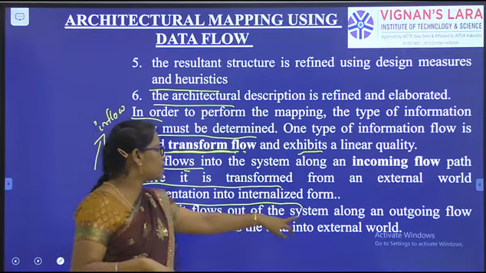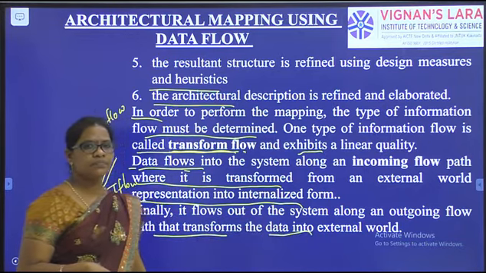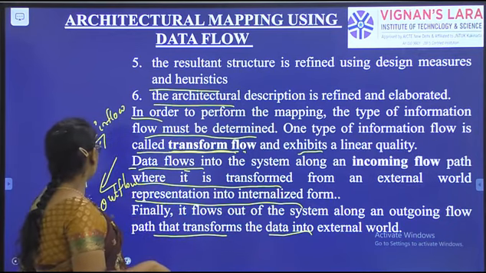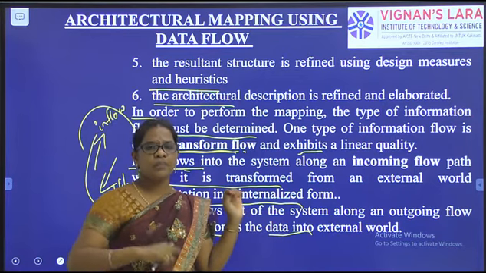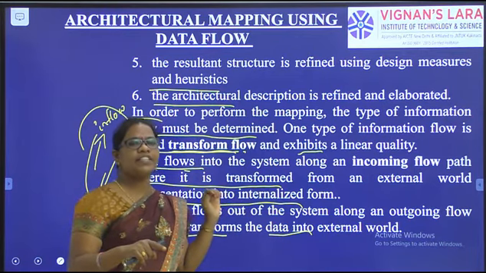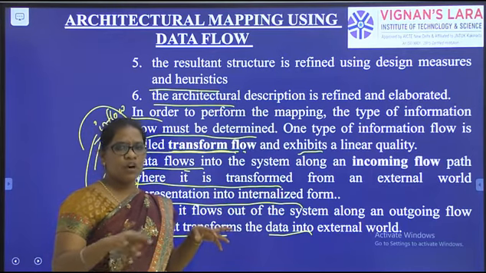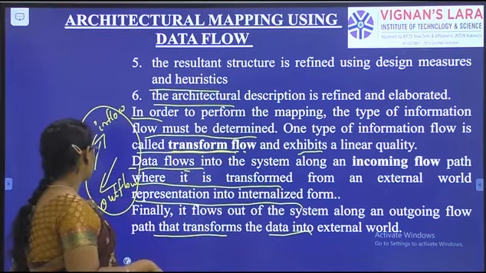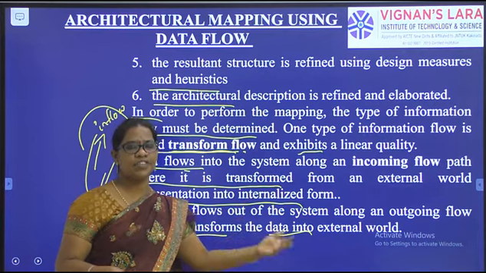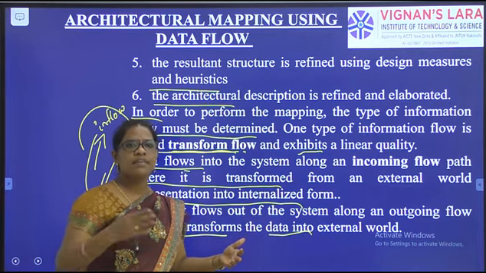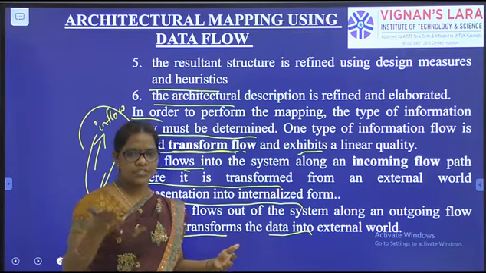Finally, it flows out of the system along an outgoing flow path that transforms the data into the external world. So it is about these two arrows. The inward arrow is taking some internal values within the system. The out arrow is the outgoing flow, which is transforming the data into the external world. That means the output screen. For example, if it is a laptop, it will display on the screen. That is the external world.